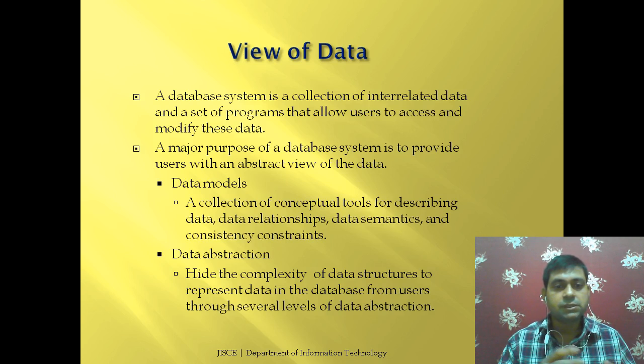Model means its representation of data, the relationship between them, the semantics and consistency constraints, all this. And hide the complexity of the data structures that is being taken care of with the help of the data abstraction. And there are different granularity levels of data abstraction, so we will discuss in detail of that as well later.